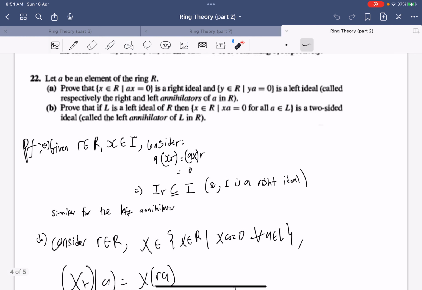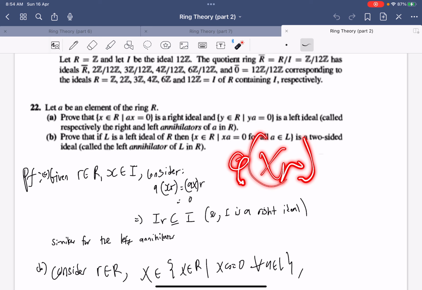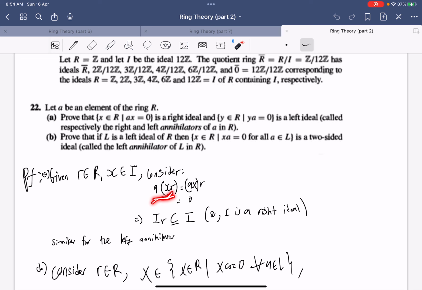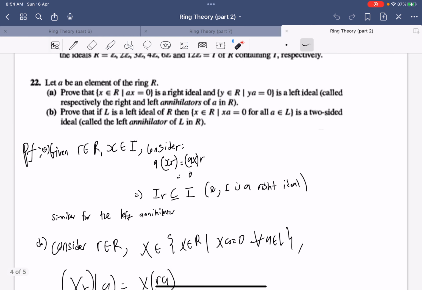It's easy to check because you just need to first take any element r in R and any element x in this set I. Then we verify that x times r is some element in the right ideal, by verifying that it is contained in the ideal. So you take A times this; well, Ax is 0, so 0 times r is 0, so I times little r is a subset of I, so it's the right ideal. And then you can verify the left annihilator as well; it's the same.